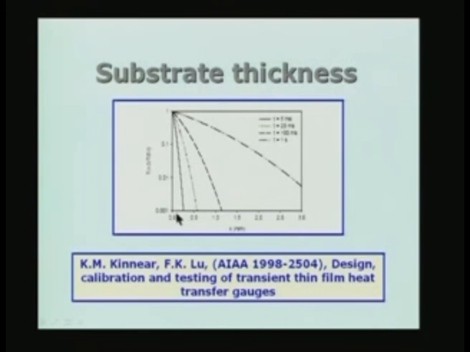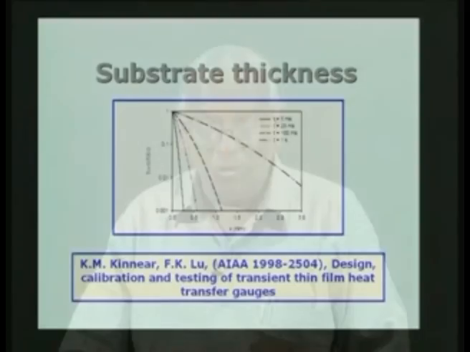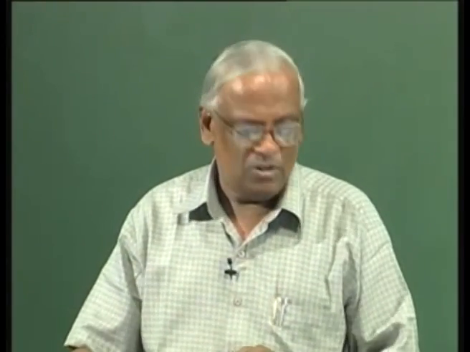So, you see that if I make the substrate about 0.5 millimeters, it is going to satisfy the requirement. So, a very thin layer of MACOR on the surface of which I deposit this film of 10 microns will be a good sensor for this particular application. We will stop here for today. Thank you.